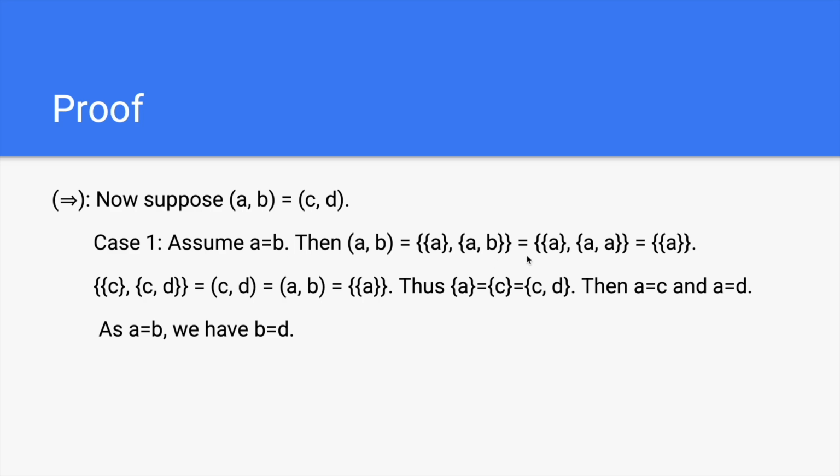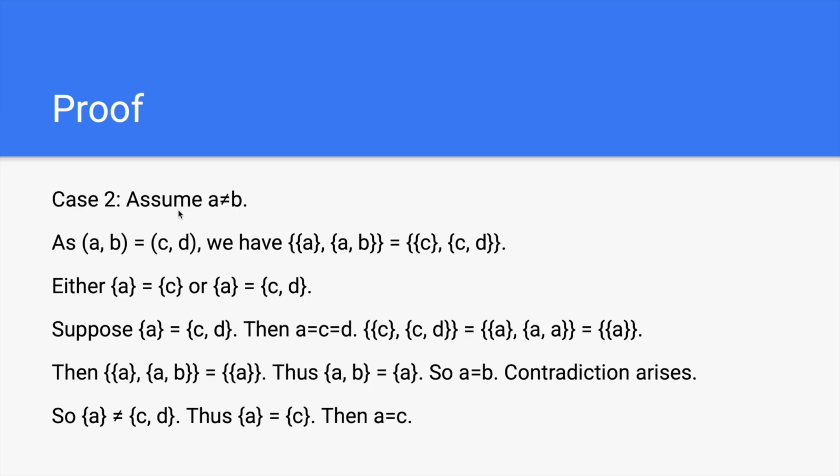When a equals b, we have the expression like here, and the second a is already a duplicate. So we finally have this result. And we have this result by the definition of (c, d). We have this expression. So we have {a} equals {c} equals {c, d}. So we have a equals c and a equals d. As we know that a equals b, we have b equals d.